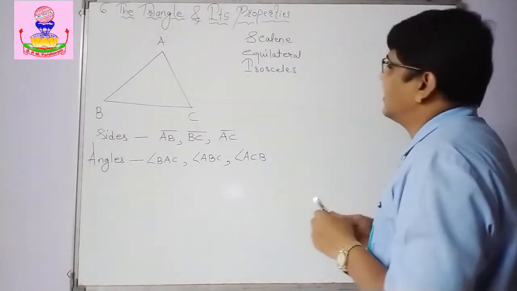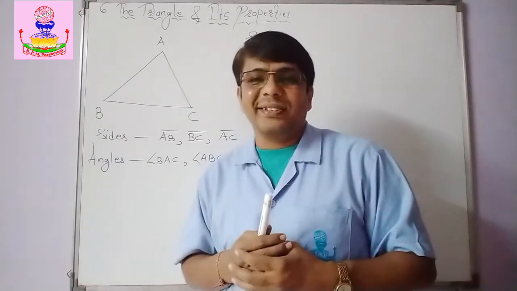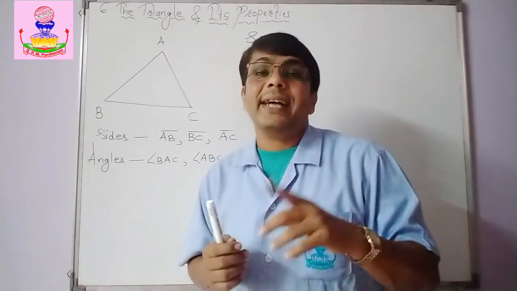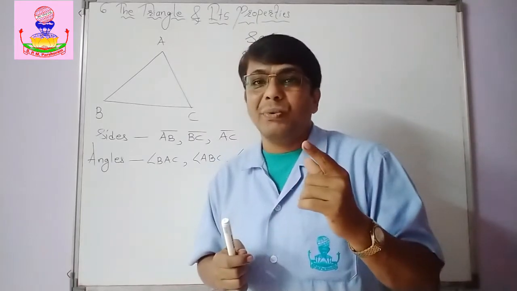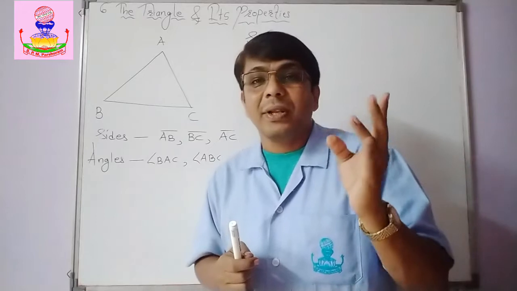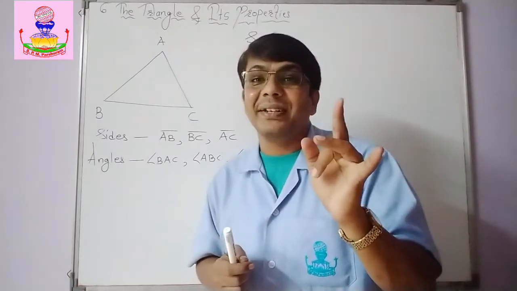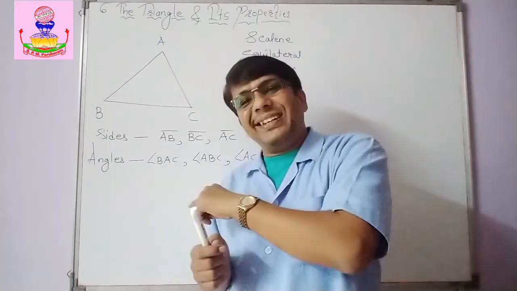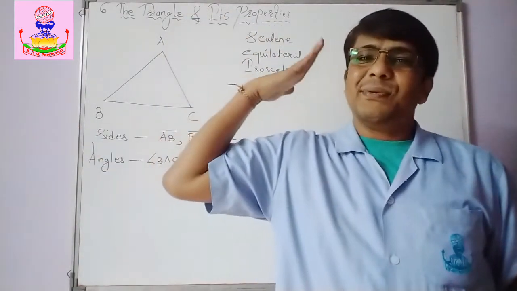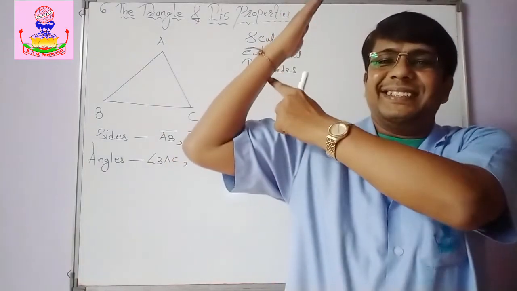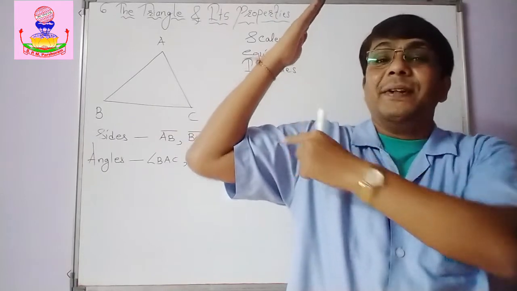Right? Then, based on angles, when all the 3 angles are acute. So, you should first know what is meant by acute angle, then what is right angle, and then what is obtuse angle. Then you can go over to the triangle. So, let us revise. What type of angle is this? Yes, this is an acute angle.